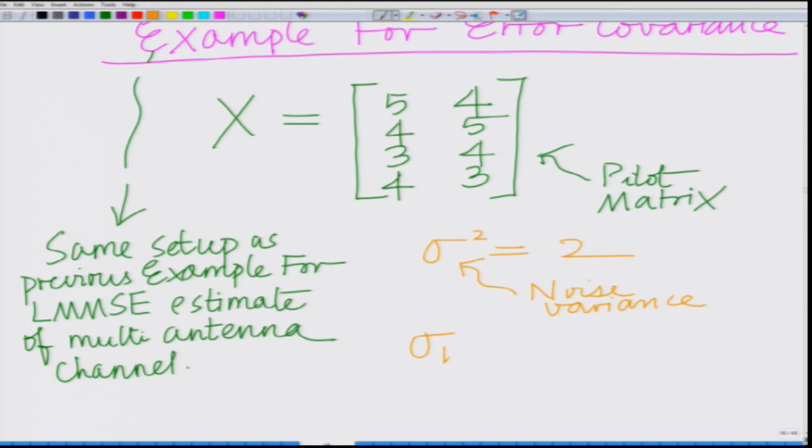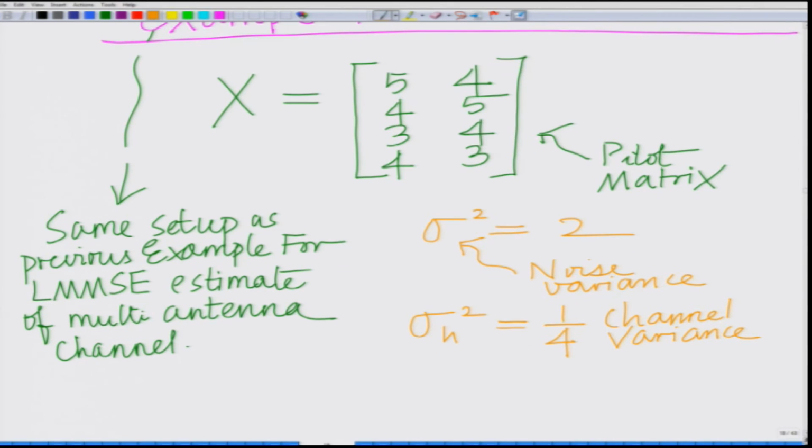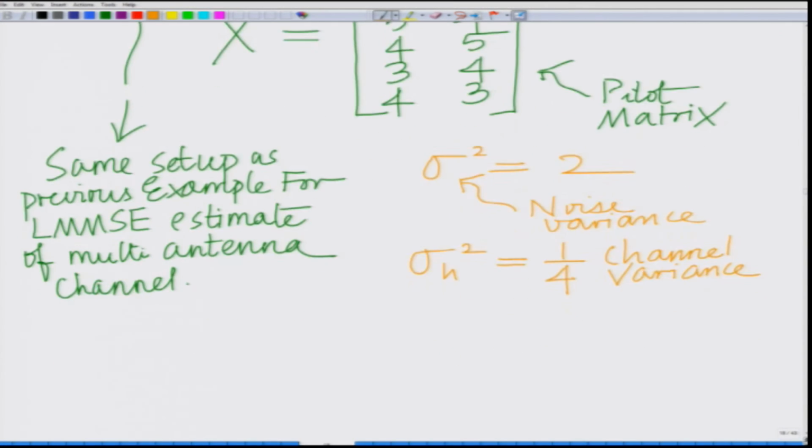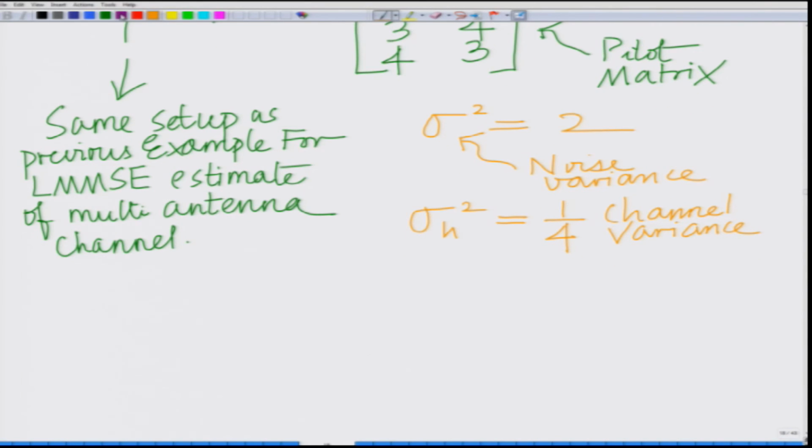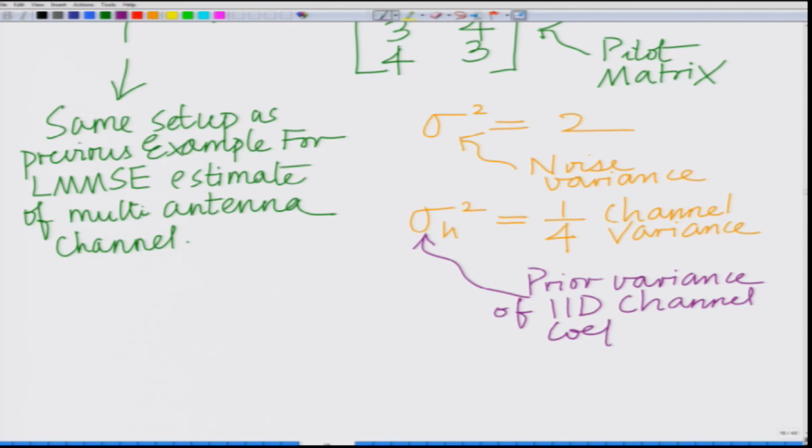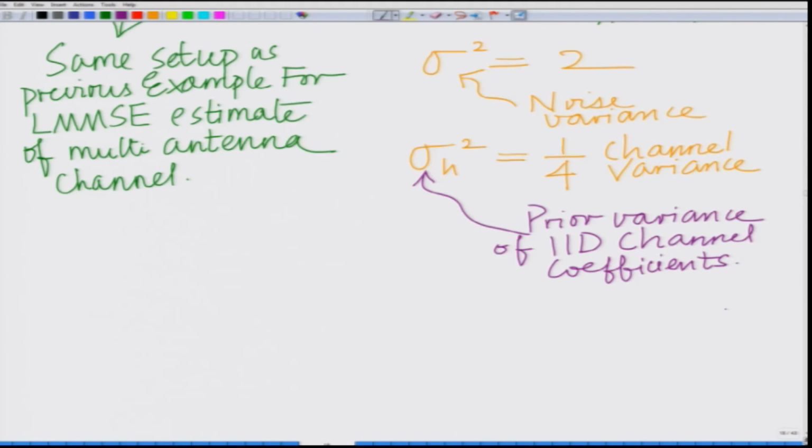Sigma h square equals 1 by 4, this is the channel variance, the prior variance of your IID channel coefficients.